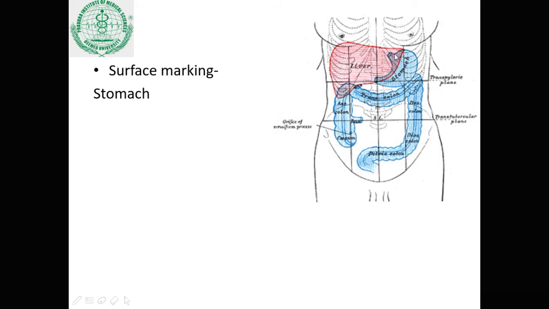Then, for the fundus of the stomach, put a point in the left fifth intercostal space. This is lying just below that of the nipple. Draw the fundus from the left margin of this cardiac orifice with upward convexity.